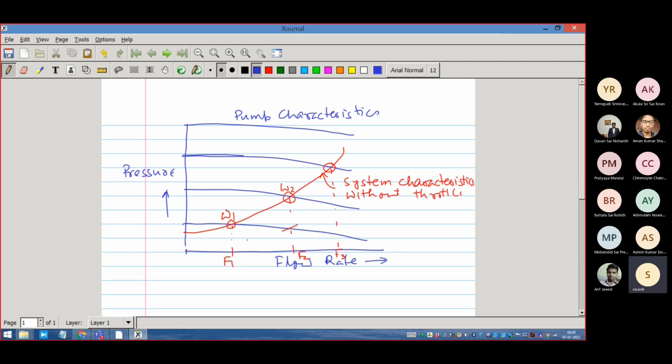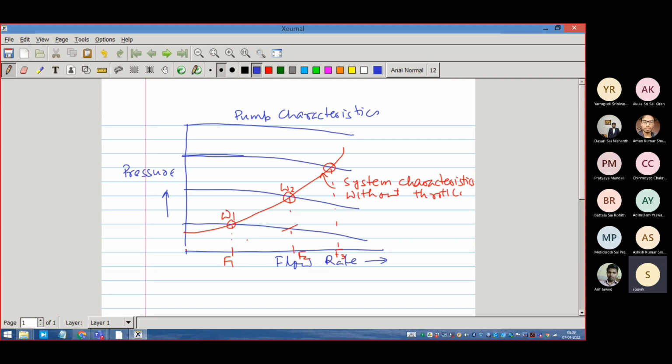By introducing the throttle, by using that valve, they would have adjusted the flow rate. But in this case, we are adjusting the electrical way, by running the induction motor that is mechanically coupled to the pump.